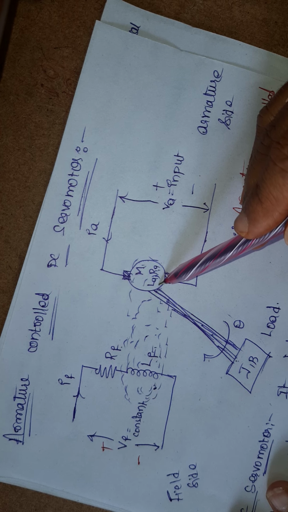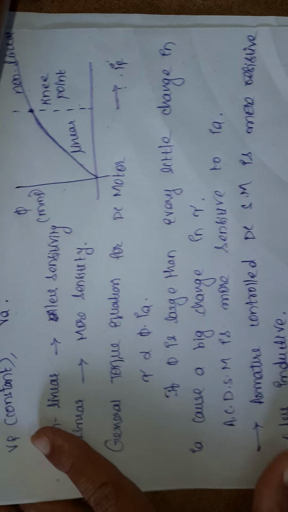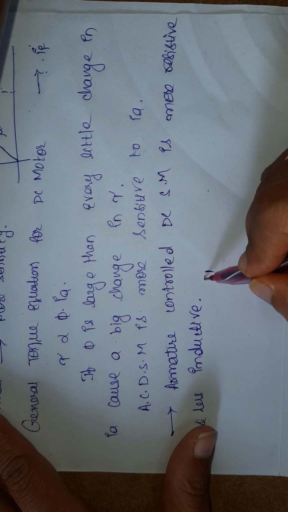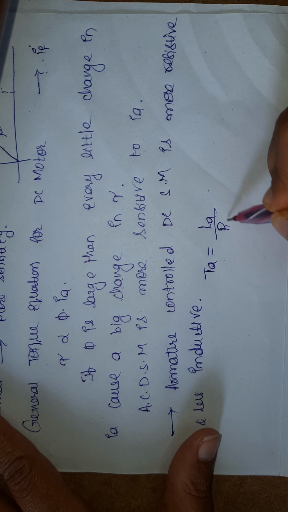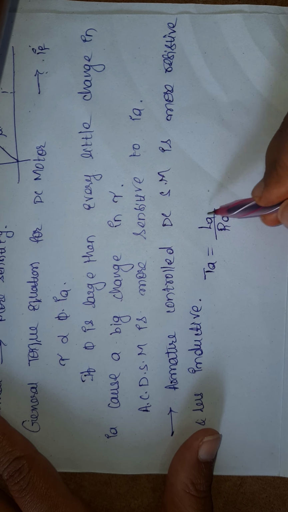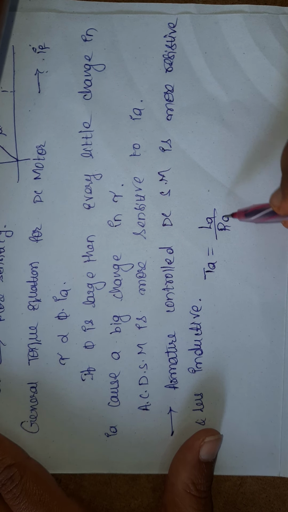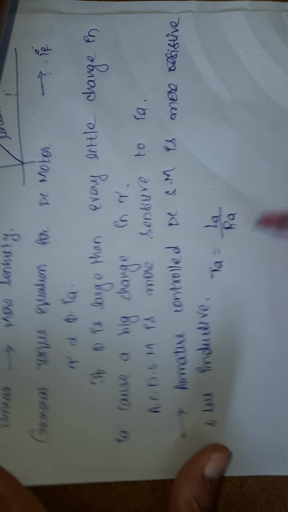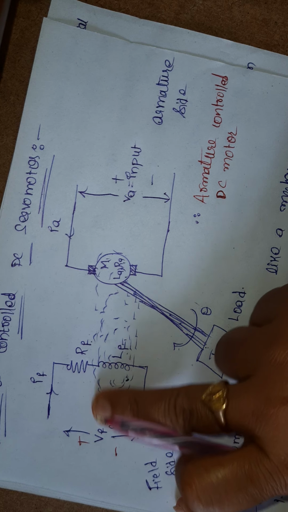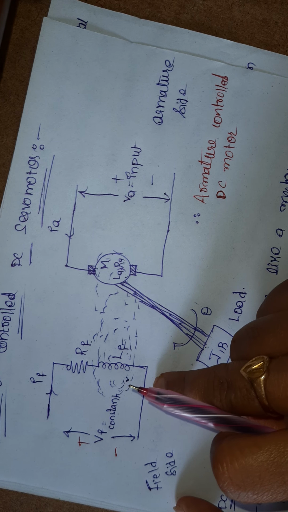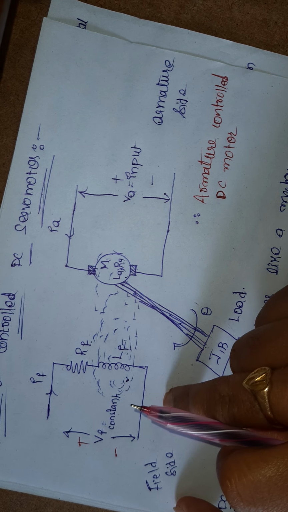On this armature side, the time constant, generally the time constant formula can be written as L by R. So towards the armature side, I am writing it as LA by RA. Because in armature control DC servo mechanism, the field voltage VF is always constant.